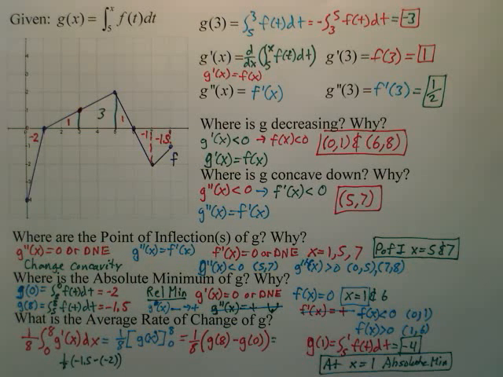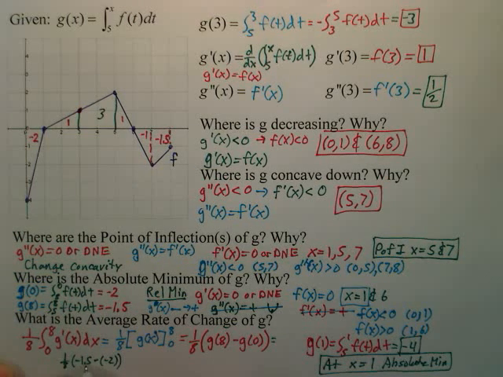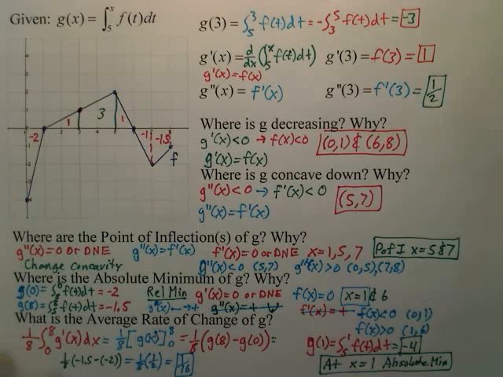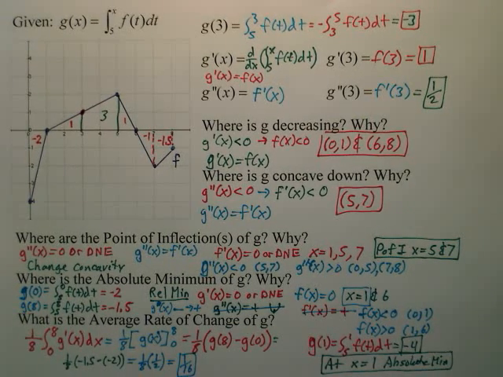Negative 1.5 plus 2 is 1/2, so 1 over 8 times 1/2 gives 1 over 16. So my average rate of change is 1 over 16.